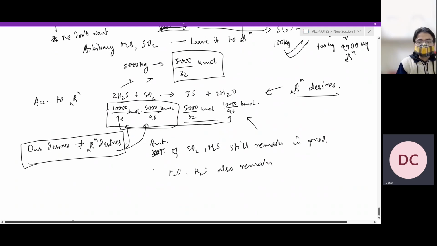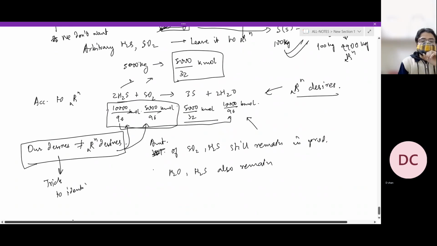Okay? Now the trick right here is to identify what is formed only by the reaction.